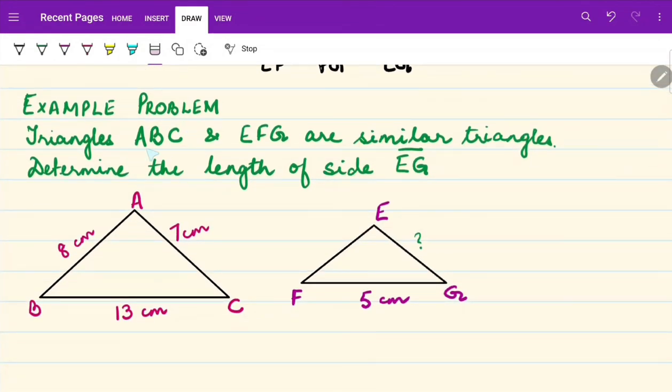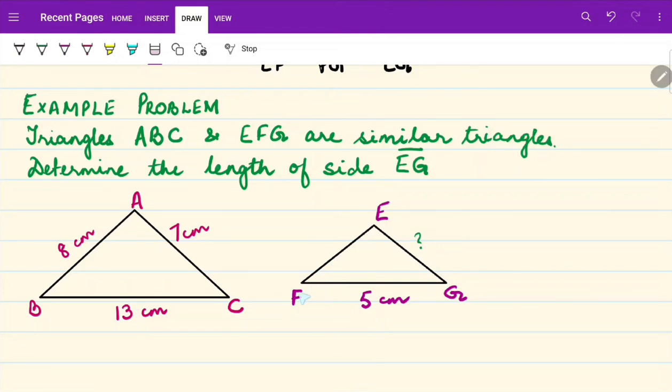It says here triangles ABC and EFG are similar triangles. So they've already told us that they are similar triangles, so we can go ahead and use the properties that we learned for similar triangles to solve this problem. But what is this problem asking us for? It says, determine the length of side EG in the smaller triangle. So we have triangle ABC, and all the side lengths are given to us for triangle ABC.